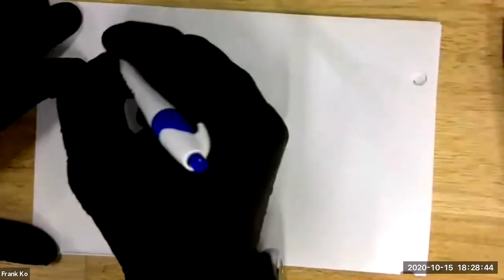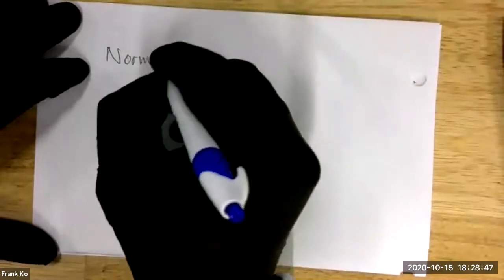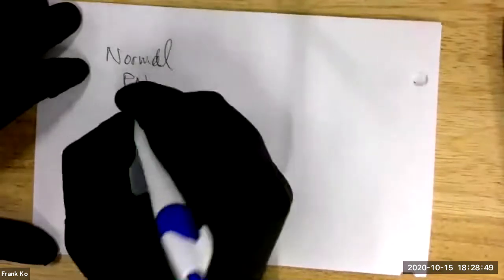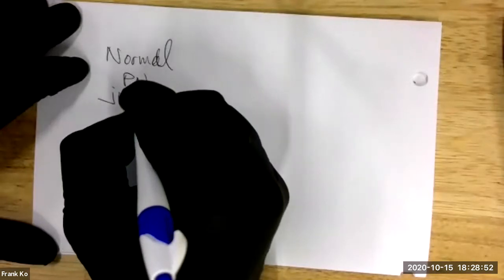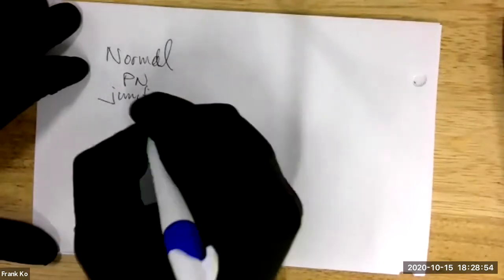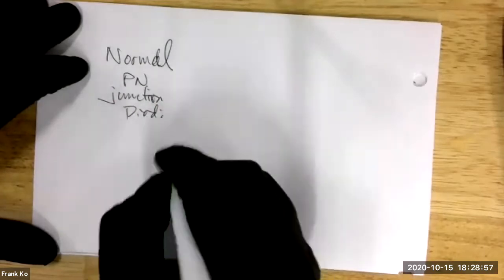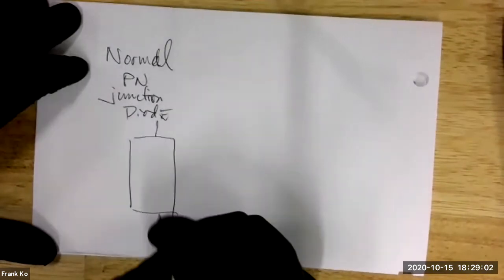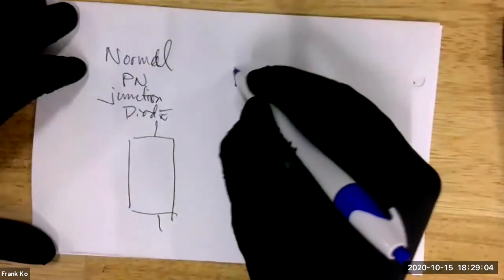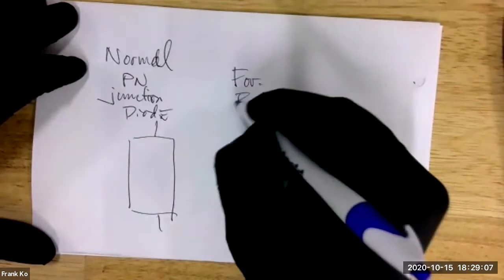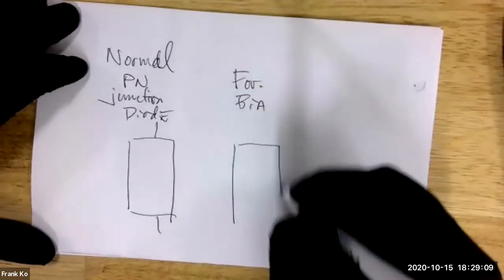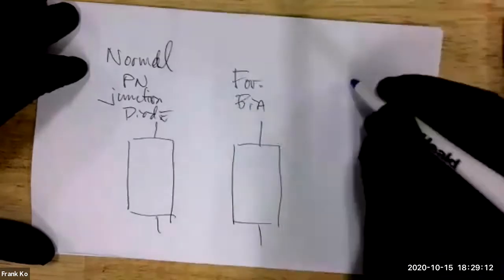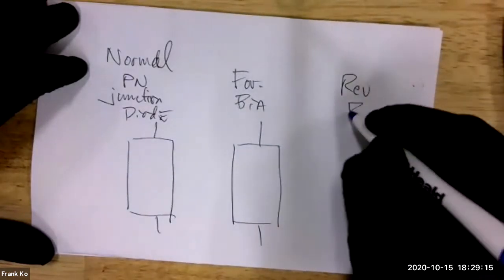I'm going to draw three illustrations of a diode body: a normal PN junction diode, then one that is forward biased, and one that is reverse biased.